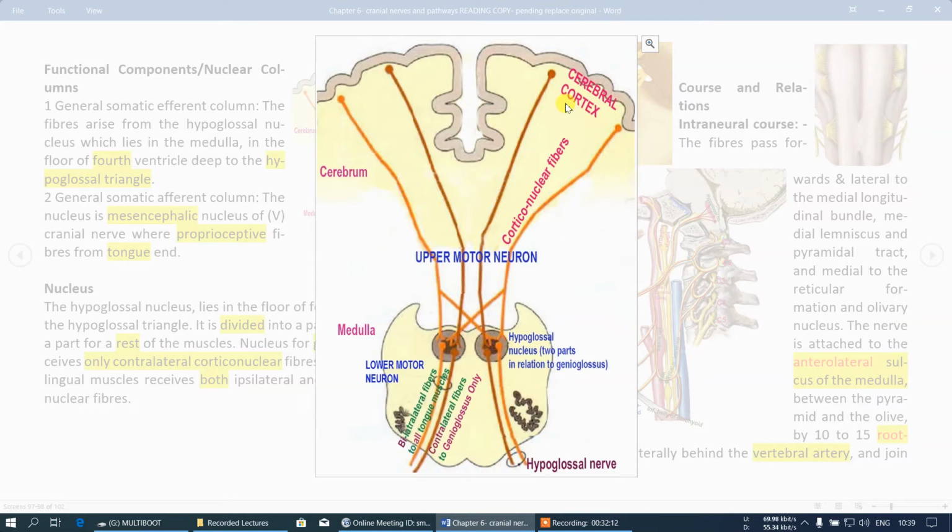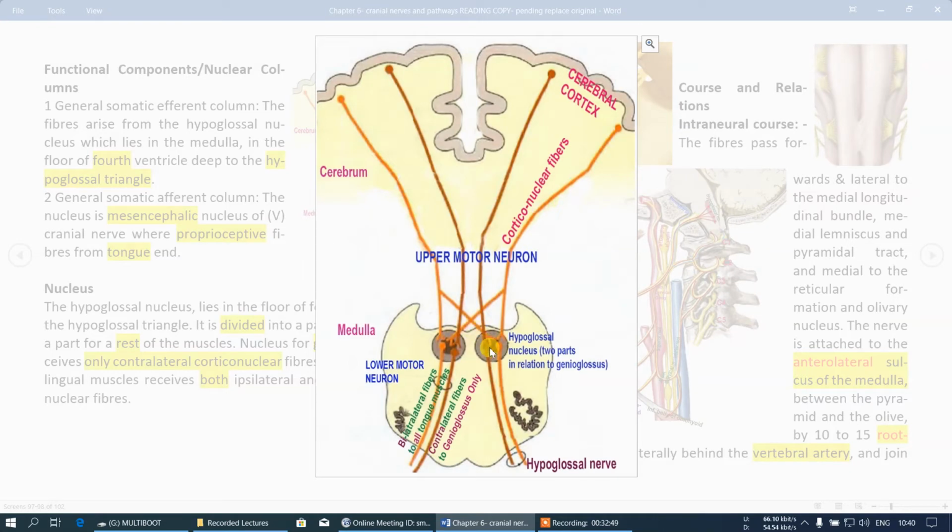The same story gets repeated in the hypoglossal nucleus. Here you should imagine two parts, an upper part and a lower part of the hypoglossal nucleus. The upper part of the nucleus receives contribution from both ipsilateral and contralateral fibers, and in the lower part only contralateral fibers are relayed.